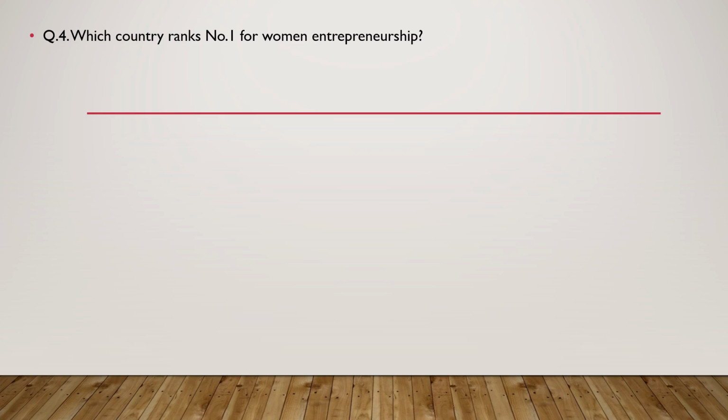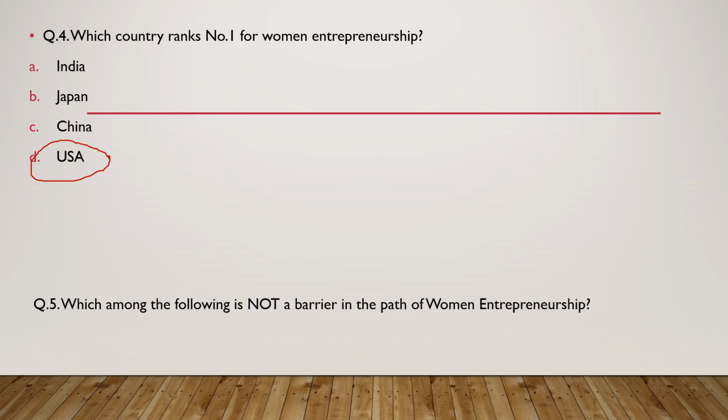So the range of the difficulty level will be from simple to moderate to difficult. The options are India, Japan, China, and USA. So I know you know this answer, it is very easy, that is USA.